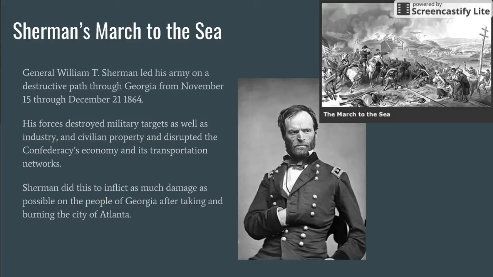The houses were close enough. He torched it all. And so it was a 6-day trip from the Tennessee Georgia line to the Atlantic Ocean, and along the way they just wreaked havoc. It was a prime example of total war by William Sherman, General of the Union Army.